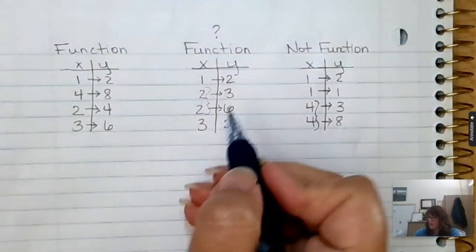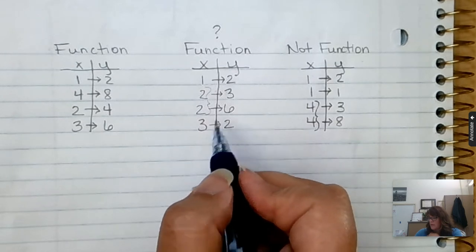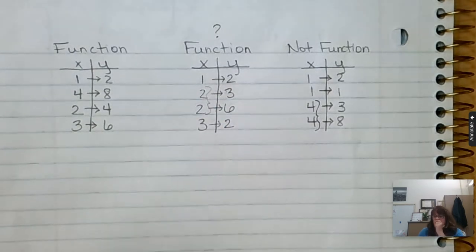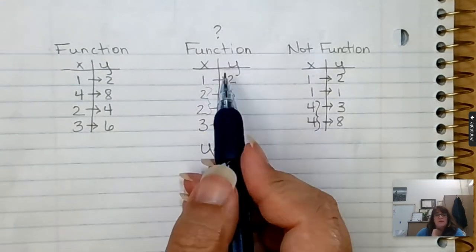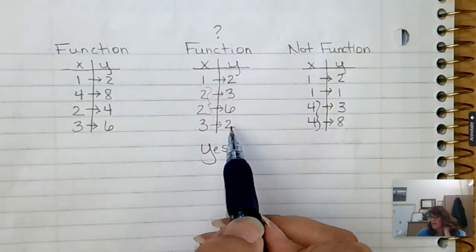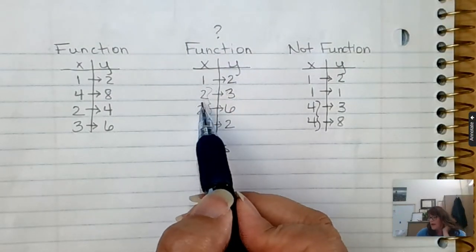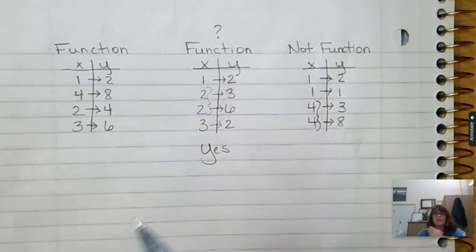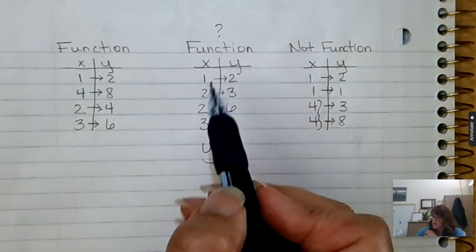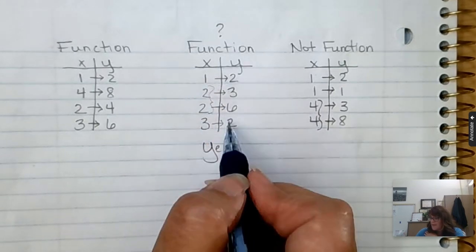Now look at this one. 3 has an output of 2. So does 1. It is still a function. 1 and 3 can have the same output, but an input can't have different outputs. And that's where the birthday analogy comes in. Bob and Joe can have the same birthday.